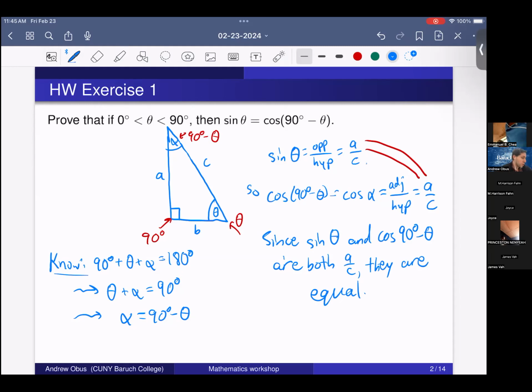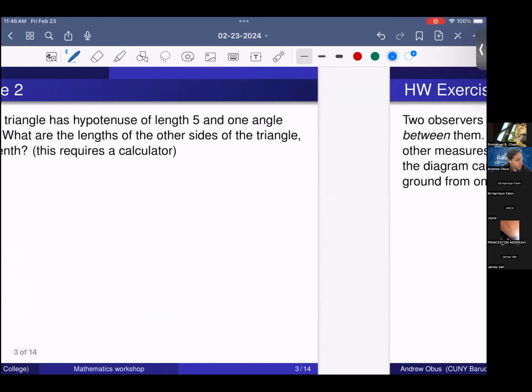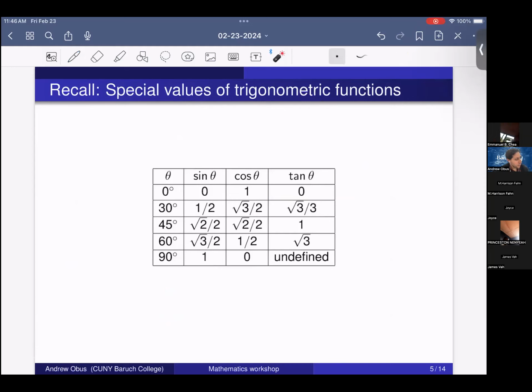This works for any angle between 0 and 90 degrees. In fact, it works for any angle at all. We'll talk today about how we do sine and cosine for angles that are not between 0 and 90 degrees. But for now, we see that for angles between 0 and 90 degrees, sine of one angle is cosine of the other one. For instance, on our chart over here, sine of 30 degrees is the same as cosine of 60 degrees.